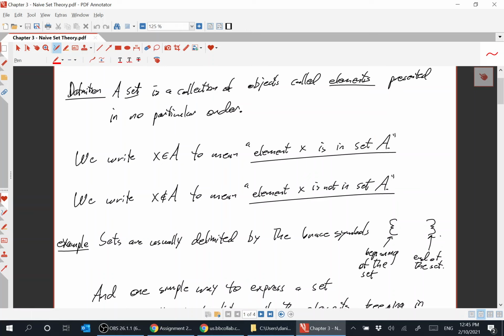So we write x ∈ A to mean x is in set A, or x is an element of set A. X is an element of A, or X is in A. X is not an element of A.